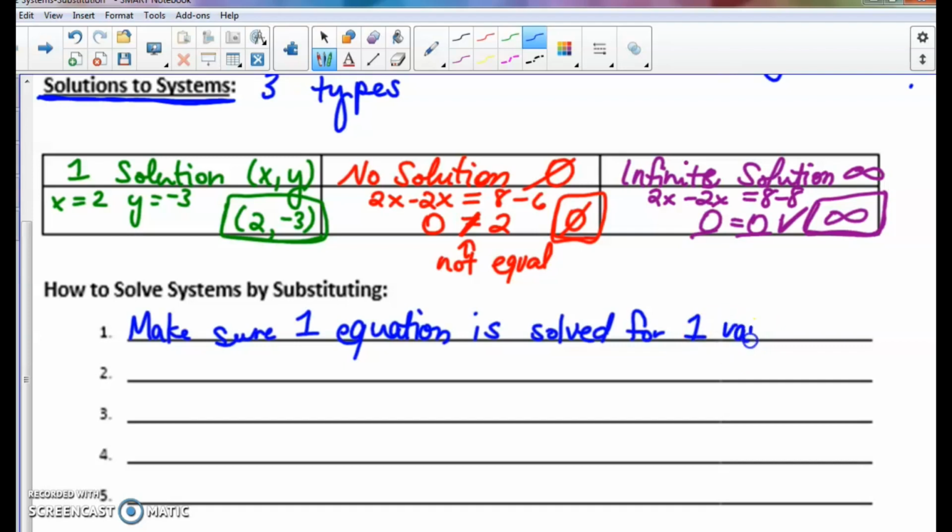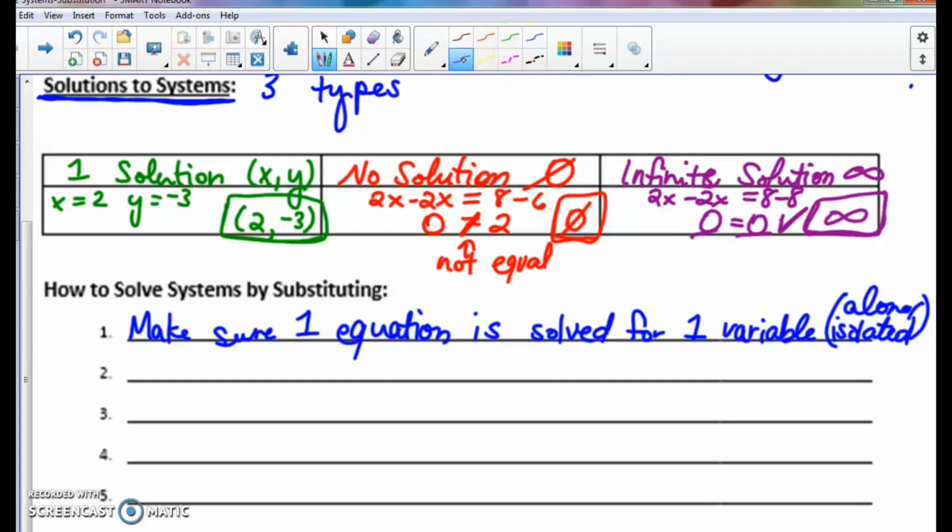And when you think about it, that means that one variable is alone, it's isolated. So all those different words also work. So you want to make sure it's solved for one variable, or that one variable is at least alone on one side, or isolated on one side. All of that means the same thing.